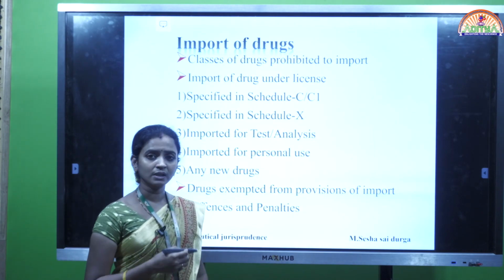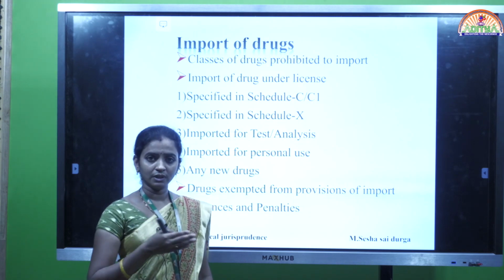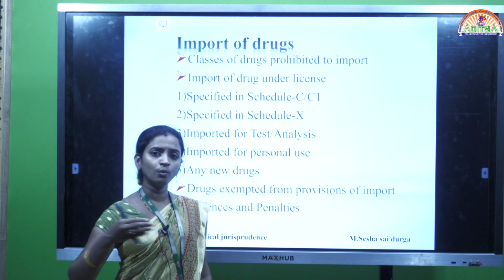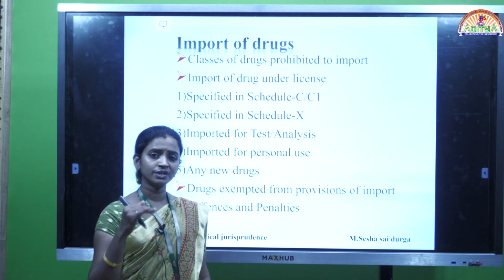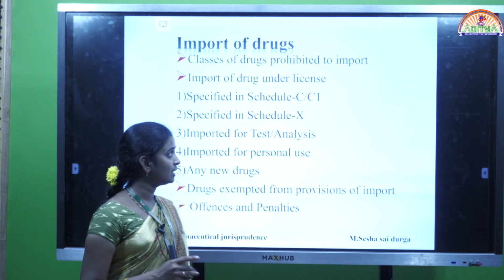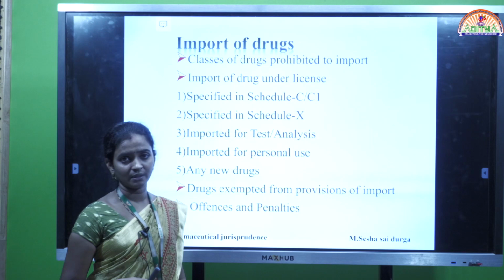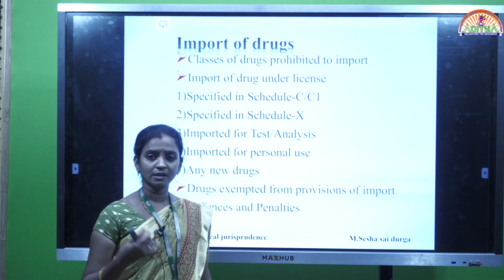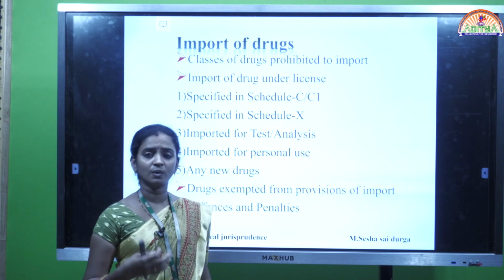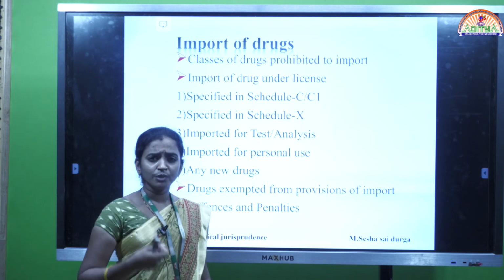First one, drugs specified in schedule C and C1. Actually, under this Drugs and Cosmetics Act, we have different schedules, from schedule A to Y, like that we have a number of schedules. In those schedules, schedule C is one of them. Under schedule C, we have biological drugs. Biological drugs means vaccines, sera, blood products, vitamins, enzymes, proteins or immunoglobulins.